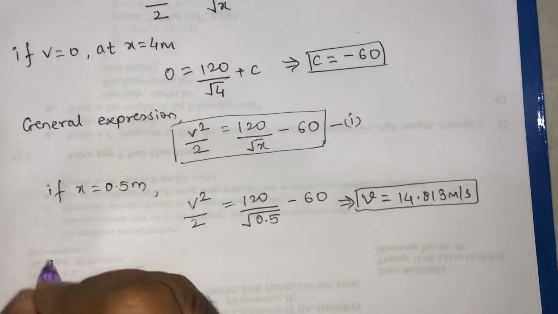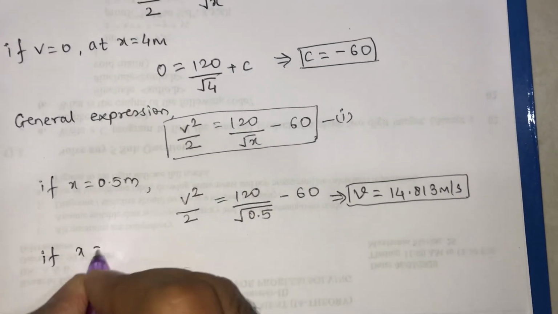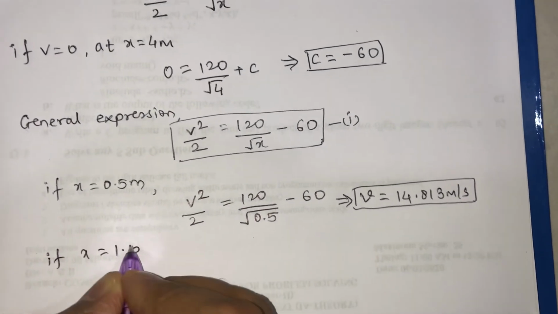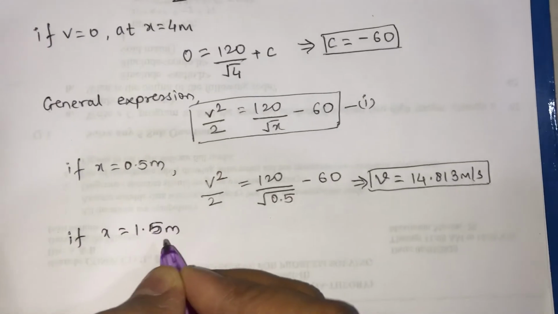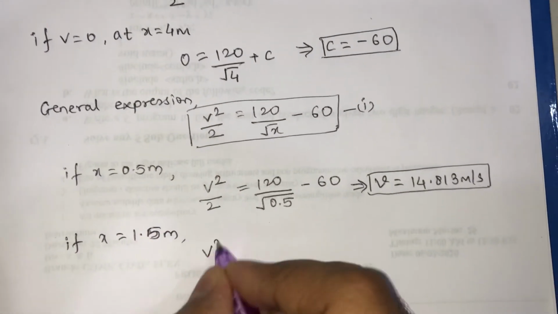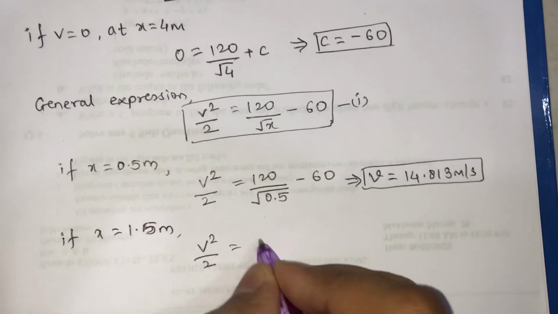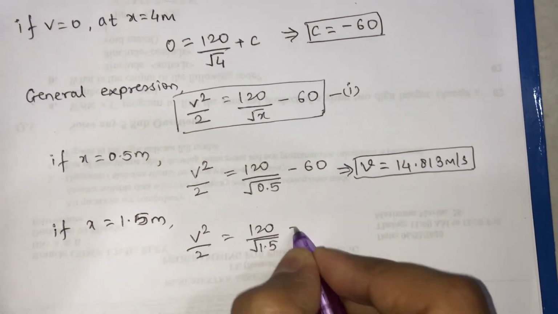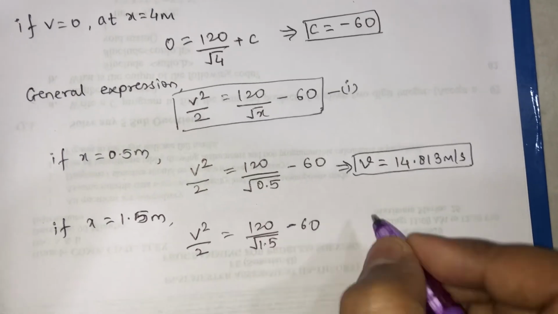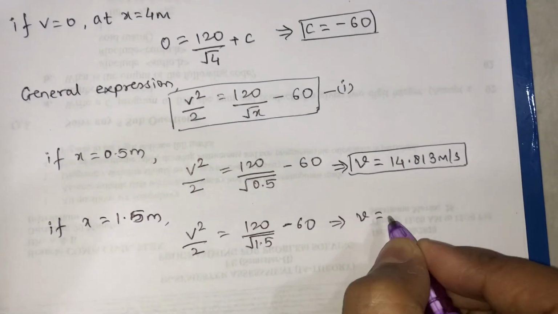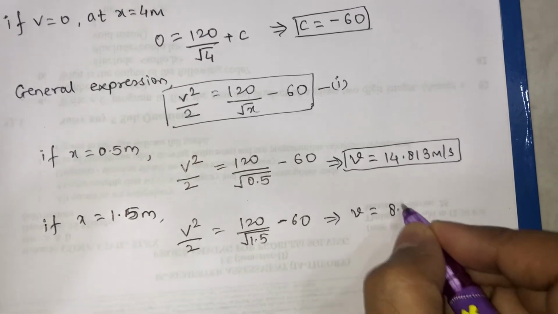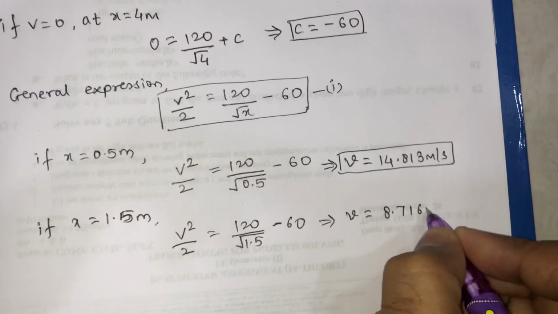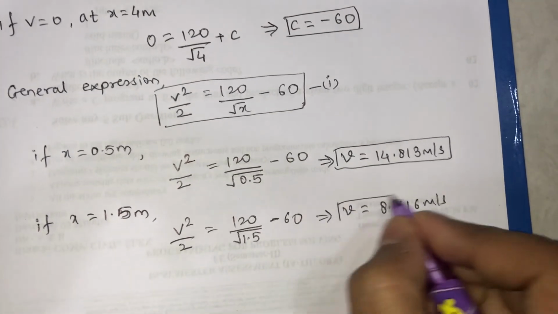Similarly, for the next part, if x equals 1.5 meters, then v square by 2 equals 120 by root 1.5 minus 60, which gives v equal to 8.716 meters per second.